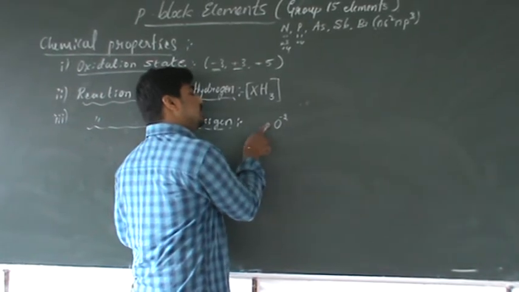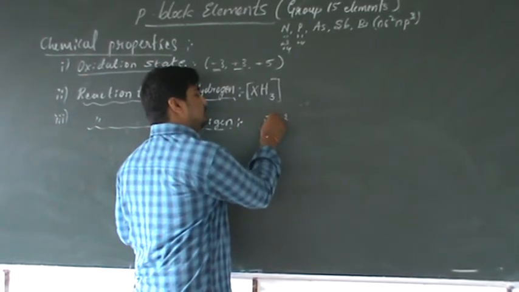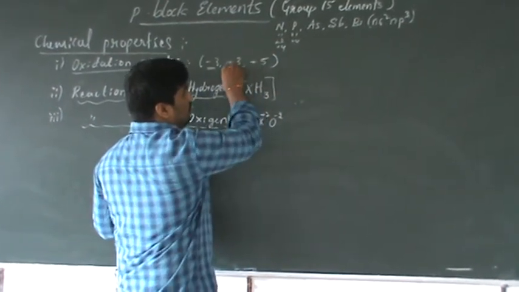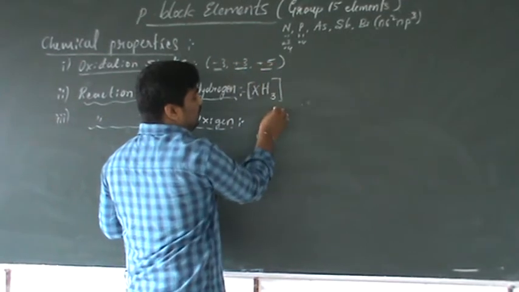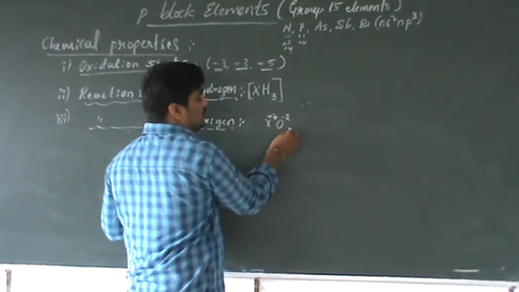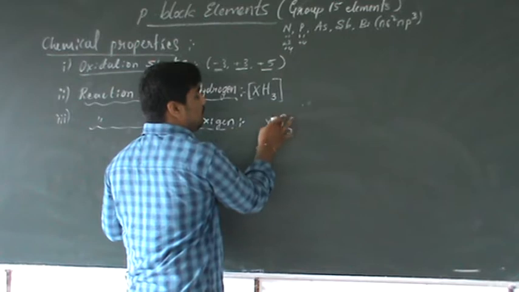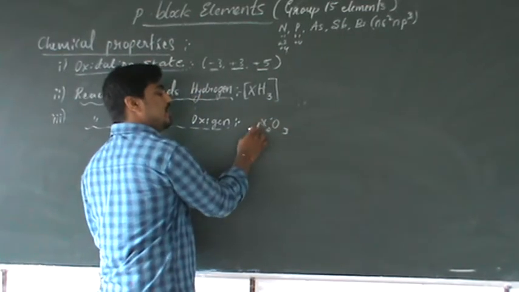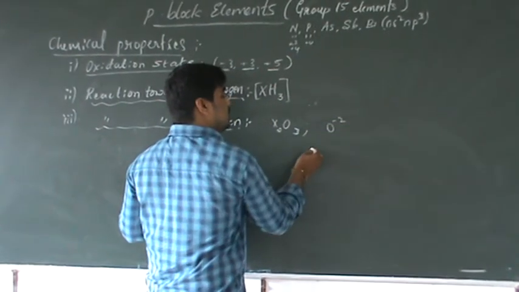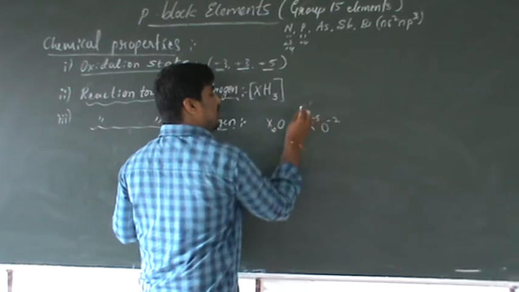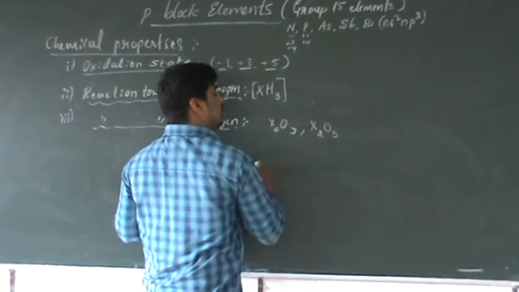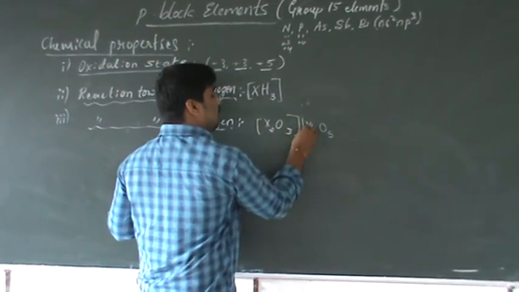Therefore, the combined element should show +2, which is not possible for these elements. +3 and +5 are possible. For +3, multiply 3 on this side and 2 on that side to get one compound. Otherwise, with oxygen at -2 and the element at +5, multiply 2 on this side and 5 on that side to get another compound. These are the two possible oxides.